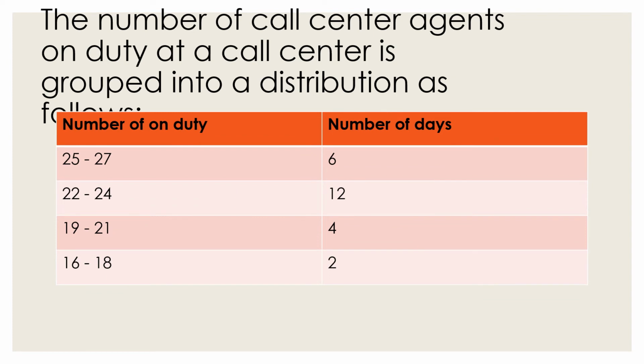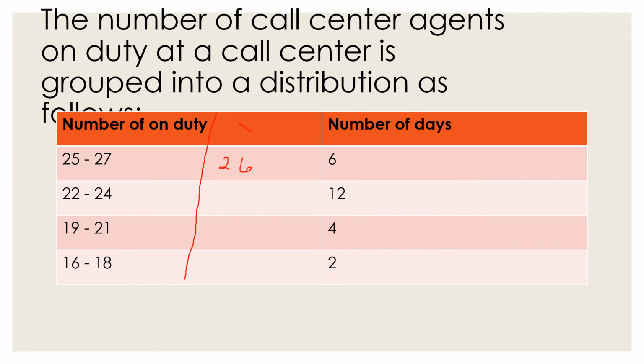So we have here the number of call center agents on duty at the call center office. We can solve it alone. Don't forget to compute the midpoint first. 25 and 26, so the midpoint is 26. This is easy to get.